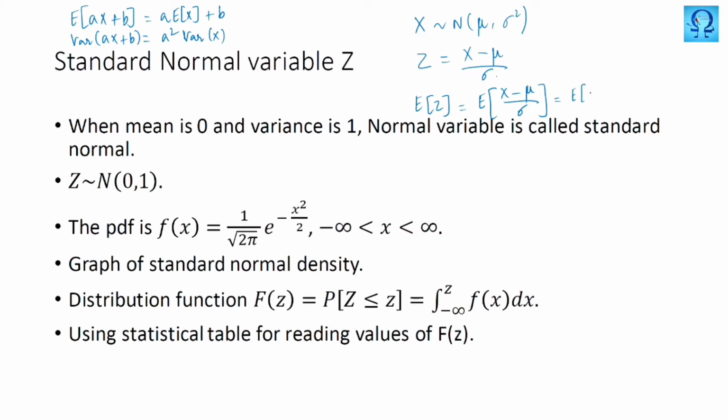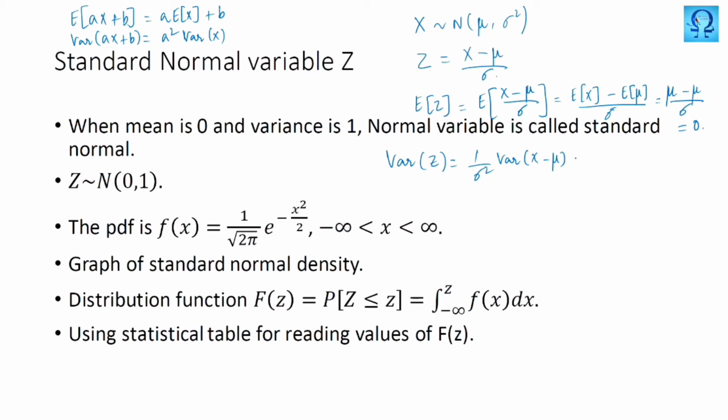So expectation of x minus expectation of mu, and sigma is a constant quantity, so it remains the same. The expectation of x is simply mu, a constant, so mu minus mu upon sigma, which is 0. Now let us try to find out the variance of z. Since this is a constant quantity, it is 1 upon sigma square times the variance of x minus mu.